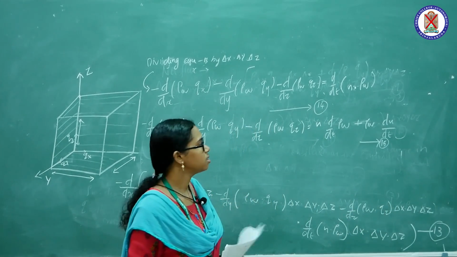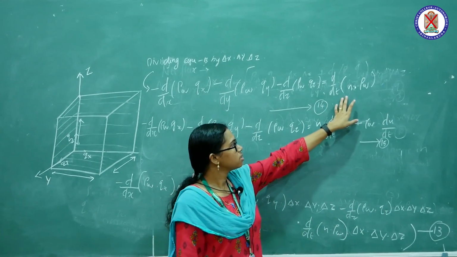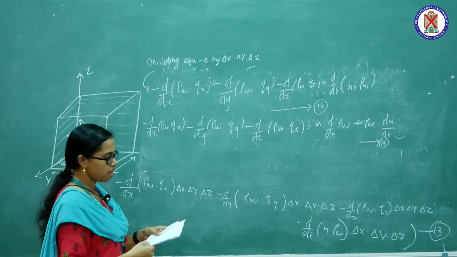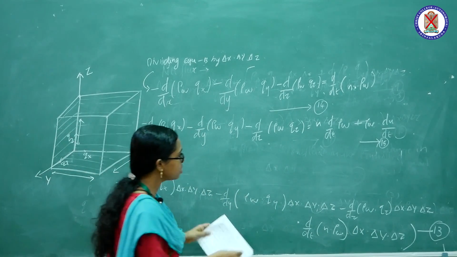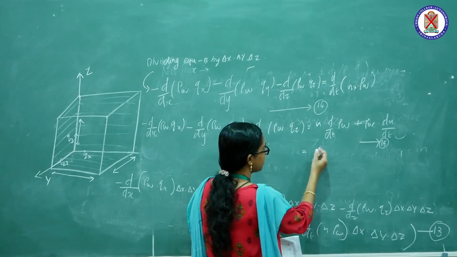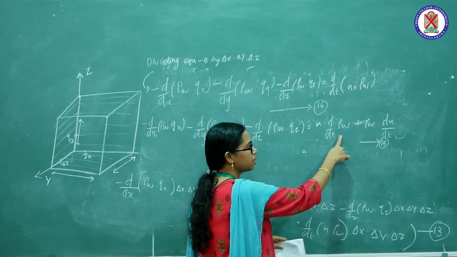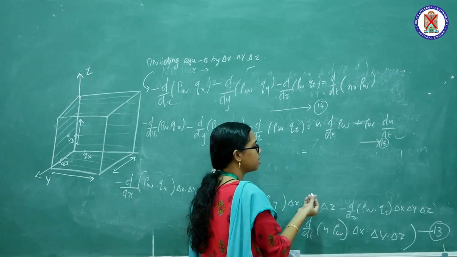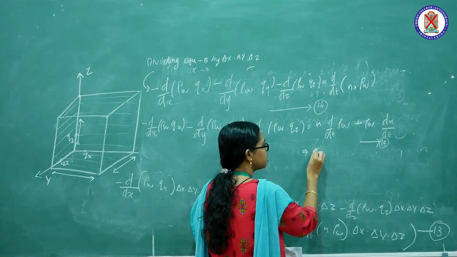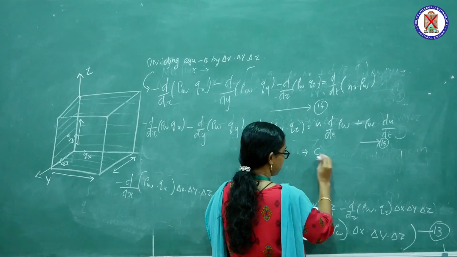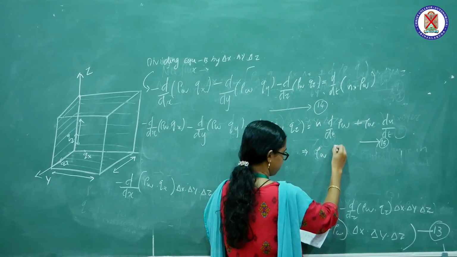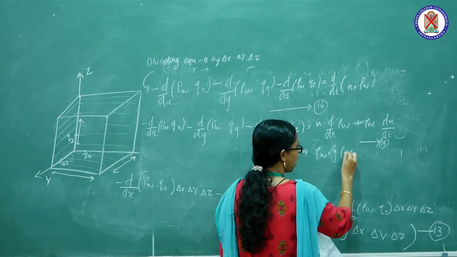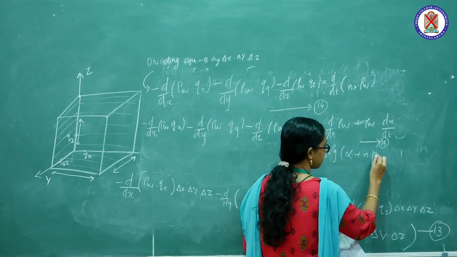So what we have done is this right hand side is expanded by means of the product rule, and this right hand side portion, that is n into d by dt rho w plus rho w into dn by dt, can be written in another form like rho into rho w into g into alpha plus n beta.